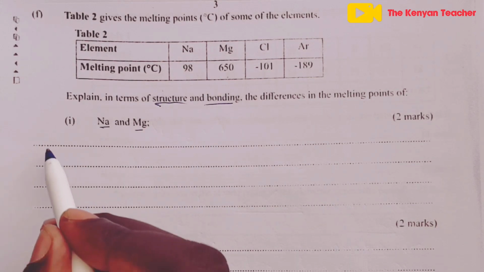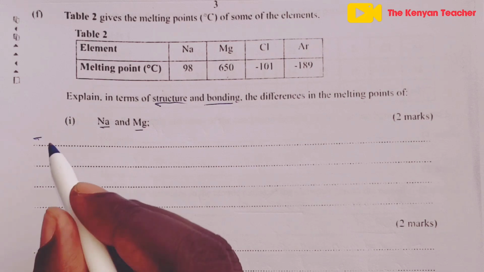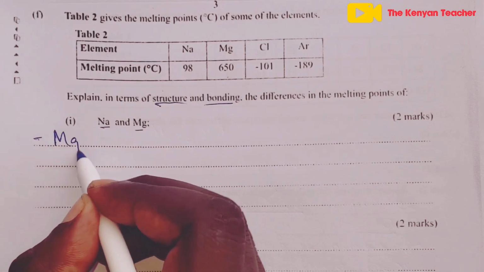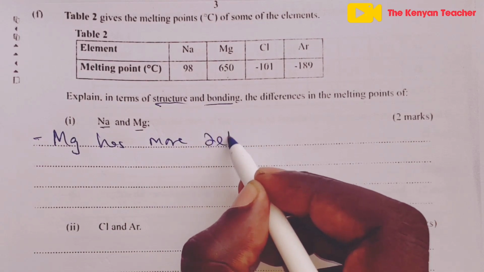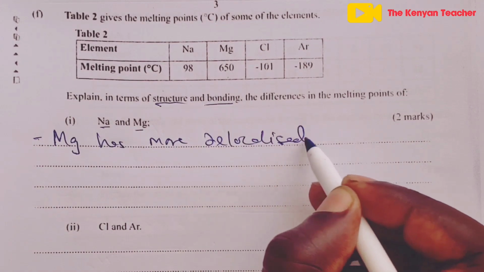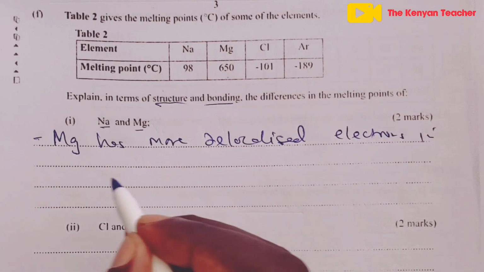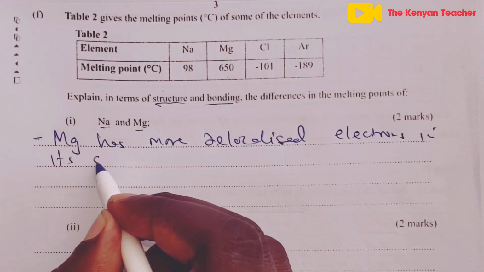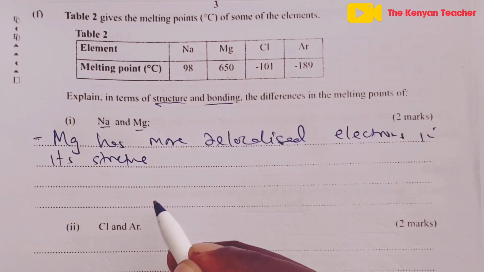So here we want to go ahead and explain why the melting point of magnesium is higher than that of sodium. And we know that magnesium has more delocalized electrons in its structure. Remember, we've been told to explain these in terms of structure and bonding.